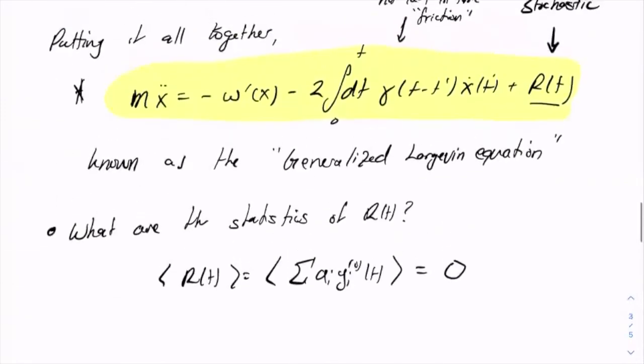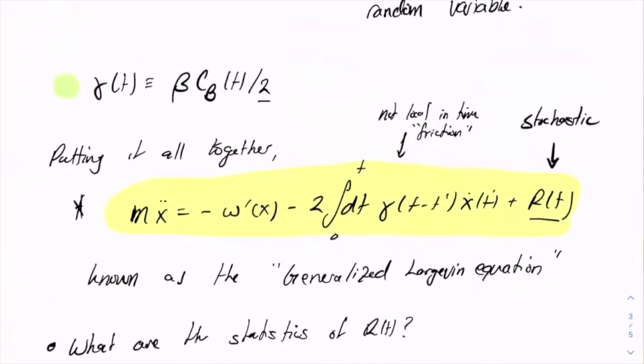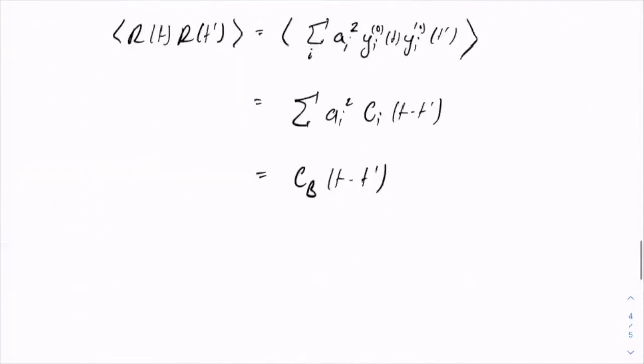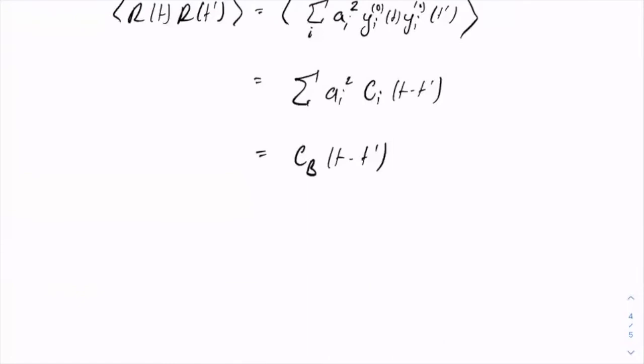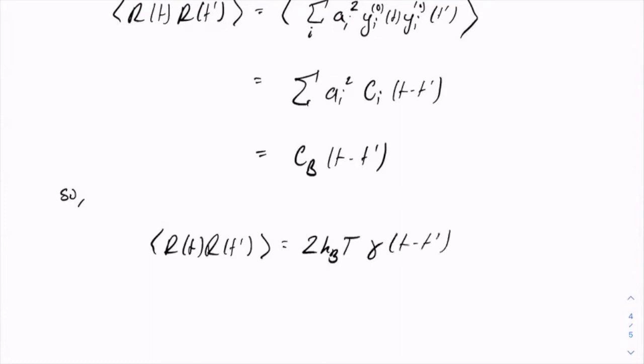And if we remember, we have defined this gamma function, this friction, as proportional to that bath correlation function with a constant of proportionality, which is twice k_B T. So what we've just found is that the fluctuations of that random force are exactly equal to the temperature times the friction that acts to oppose the particle's motion.